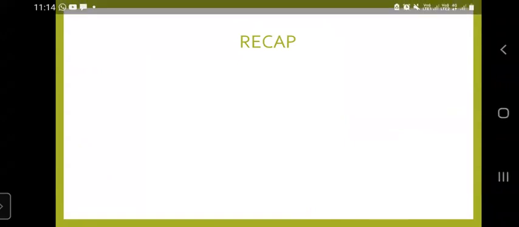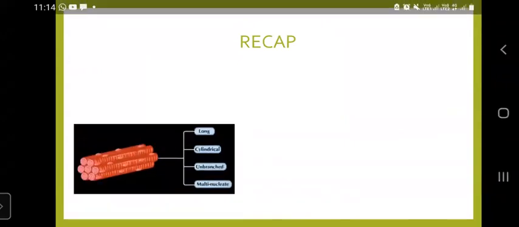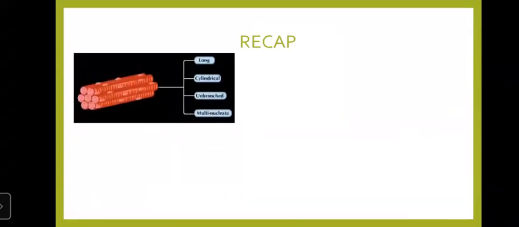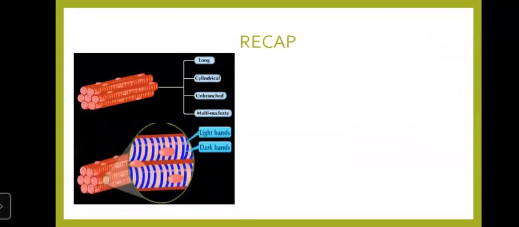So this is all. Now let us quickly recap what we have studied today. We have learned about the muscular tissue, which helps our body for movement. First, we studied the striated muscles, also known as skeletal muscles.